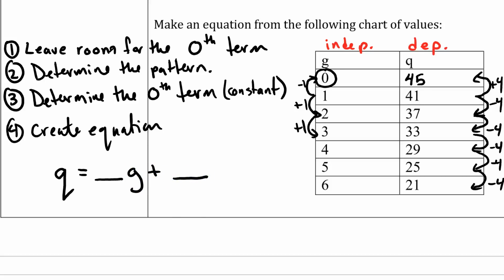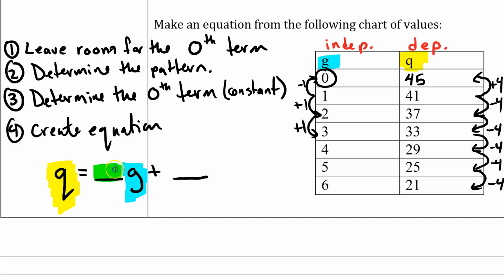Now I'm just leaving blanks right now, and I'm going to use the highlighting function so that you can see where all of the variables come from. So our Q comes from our dependent, and our G comes from our independent variable, and always on the left hand side is going to be our dependent, and always on the right hand side is going to be our independent.